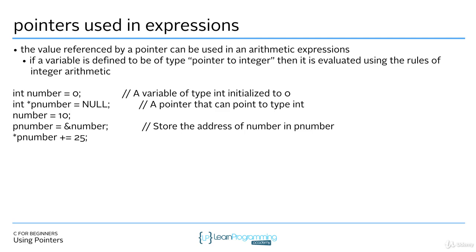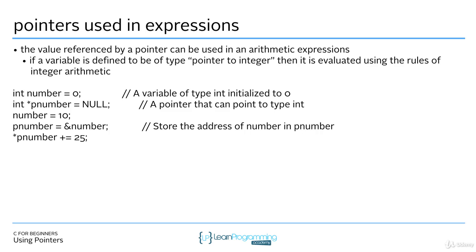So if you have a variable and you have a pointer, you initialize it to null, you then assign your pointer that variable's address, you then can just say *pNumber += 25. Remember, *pNumber is getting the value that it's pointing to. So what this is doing is saying the value of pNumber equals the value of pNumber plus 25. Right?